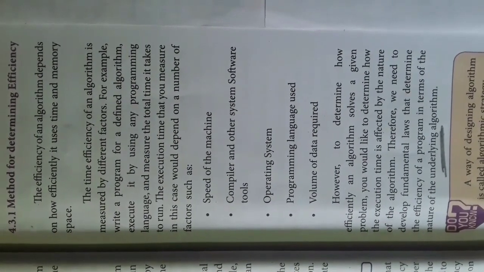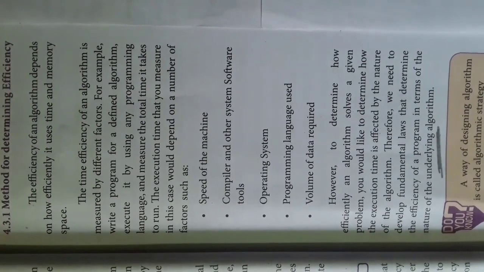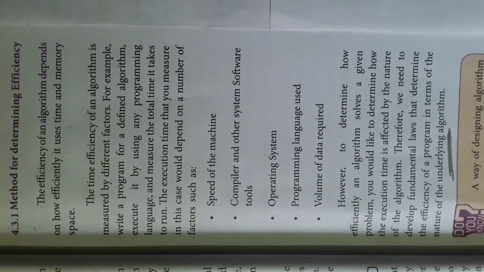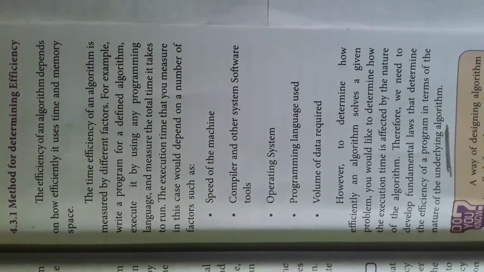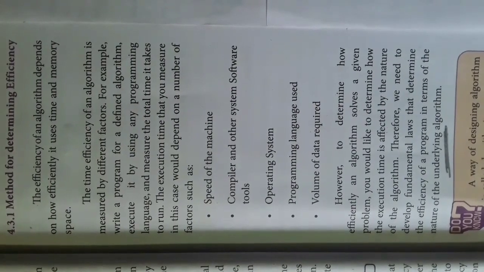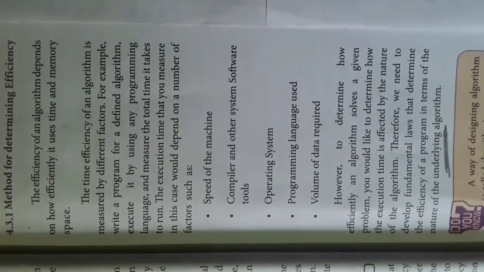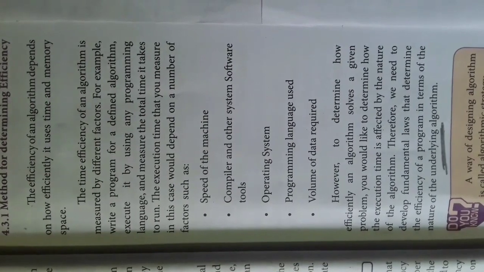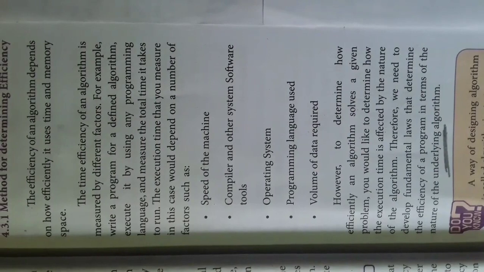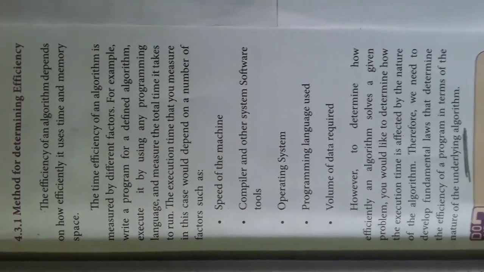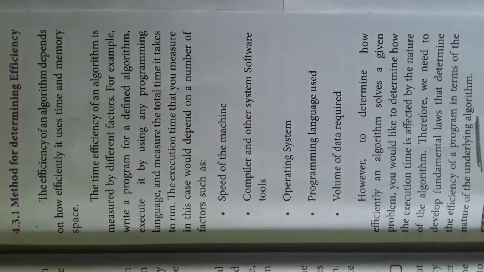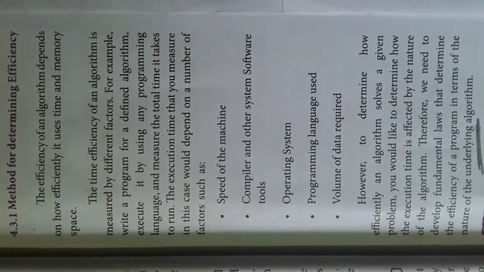Method of determining efficiency: when we are doing algorithm, two things have to be considered. What is the time taken to solve the problem and how the memory is considered. What is the memory space required? Here see, the efficiency of an algorithm depends on how efficiently it uses the time and memory space. The time efficiency of an algorithm is measured by different factors. All those factors I have already given.